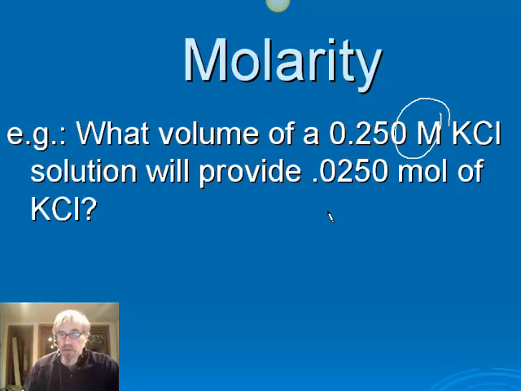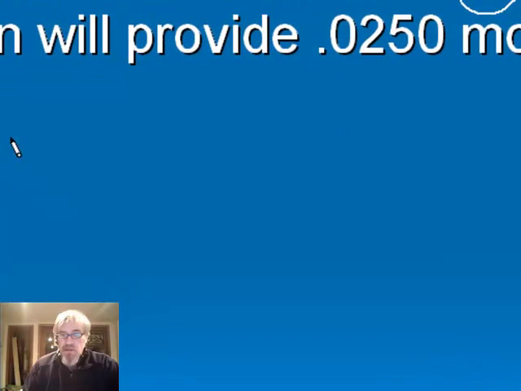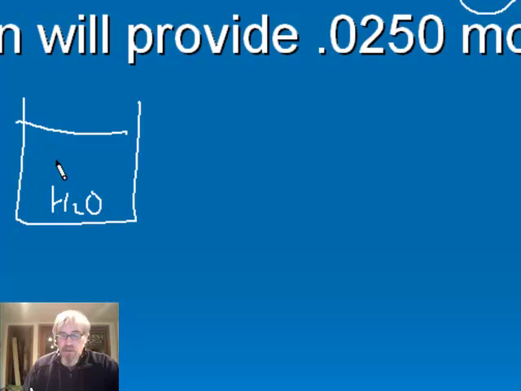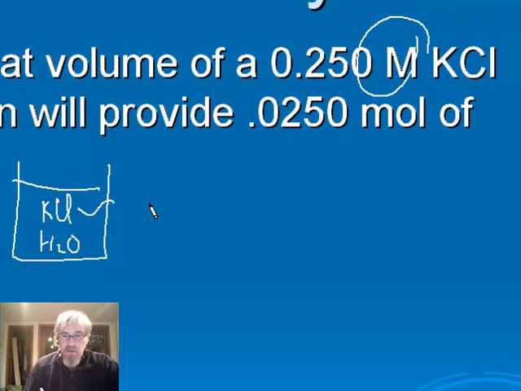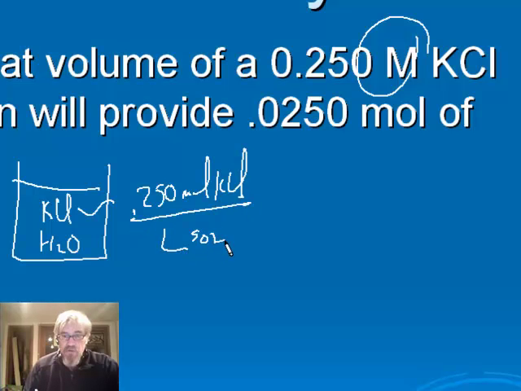So a KCl solution has got two things in it. One is water, and that's what mostly it is, and then dissolved in it is also KCl. This particular solution has, because of the definition here, 0.250 moles of KCl per liter of solution. Not per liter of water, but per liter of solution.